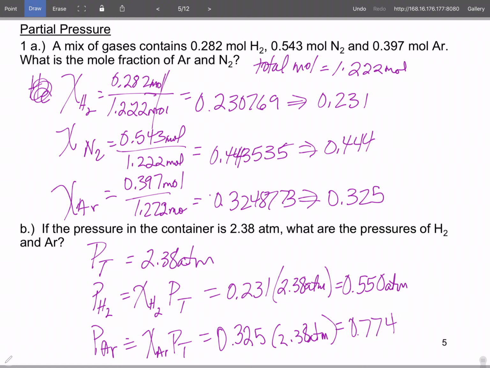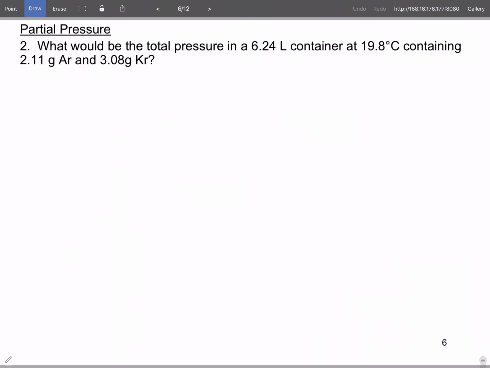If we were to go ahead and do nitrogen, our pressure is 1.06 atmospheres of nitrogen. So if we were to add those three together, we should get back to 2.38 because, again, they're partials and they are additive. Okay, so what would the total pressure be in a 6.24 liter container at that temperature containing these grams of argon and krypton?